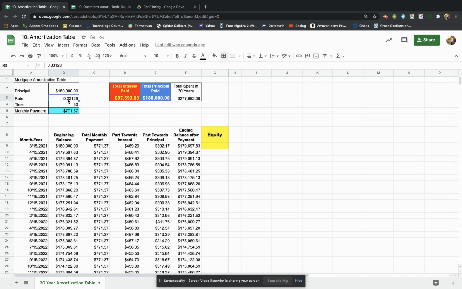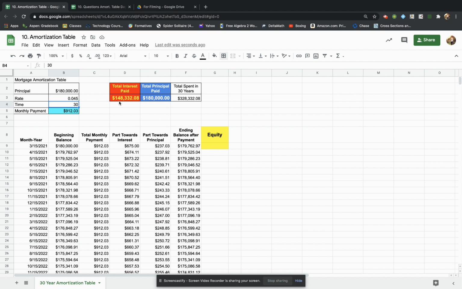So let's say your interest rate is 0.045. Watch what happens to the amount of interest that you pay. It goes from 97,000 to 148,000. That's how important this number is. That's why it's important to shop around and find the lowest interest rate and go with that lending institution.